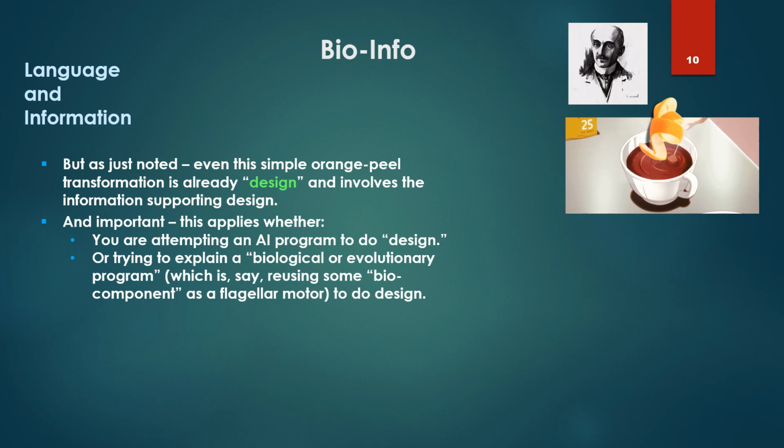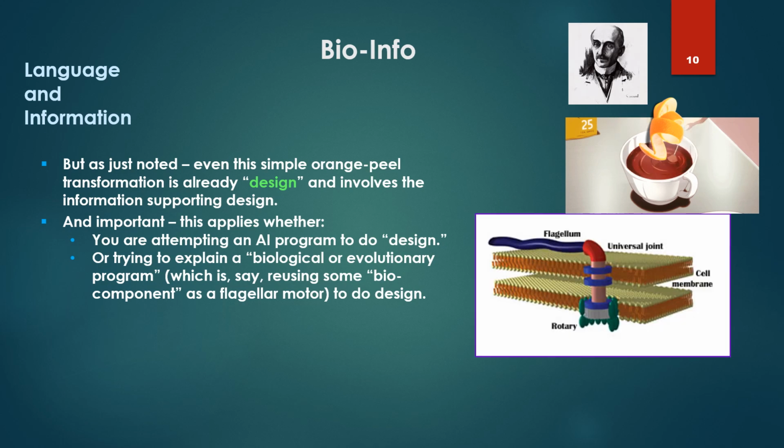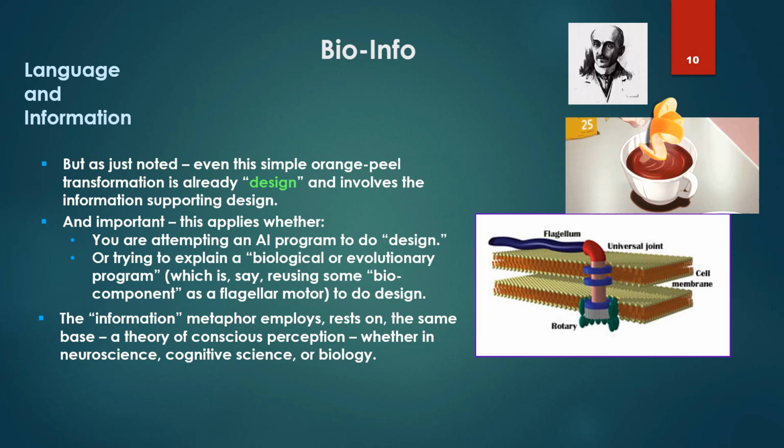And important, this applies whether you're attempting an AI program to do design, or trying to explain a biological or evolutionary program, which is, say, reusing some biological component, as in a flagellar motor, to do design. The information metaphor employs and rests on the same base, the theory of conscious perception, whether in neuroscience, cognitive science, or biology.